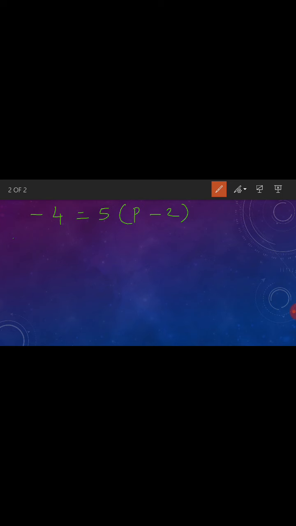You will open the bracket. So minus 4 equals to, for opening the bracket, multiply each term in the bracket by 5. So 5 into p. 5 is having plus sign, so plus minus minus 5 into 2. So minus 4 equals to 5p minus 10.